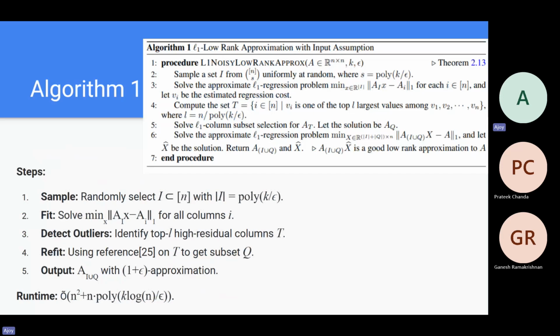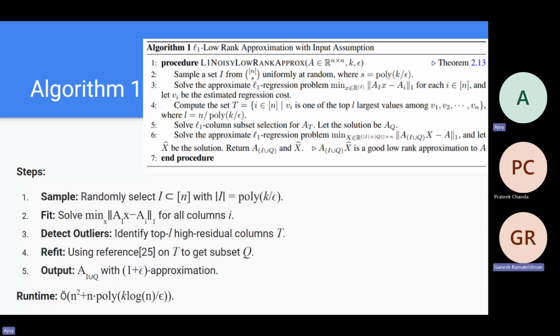Then we find the best columns and refit them to construct a B matrix. Using that, we are achieving a 1 plus epsilon approximation. But this is a randomization algorithm, right? Yeah, first we are randomly picking columns and then minimizing their errors based on the noise.